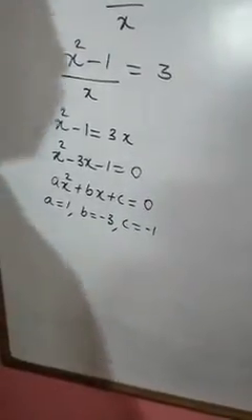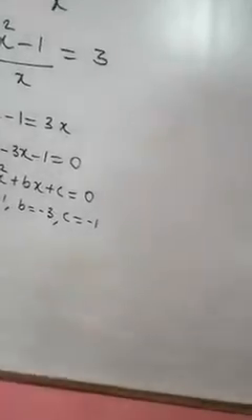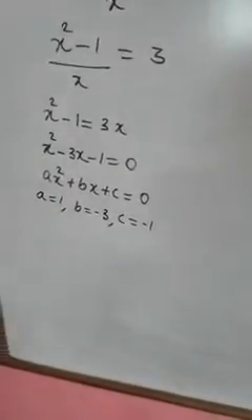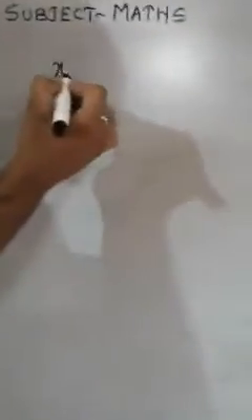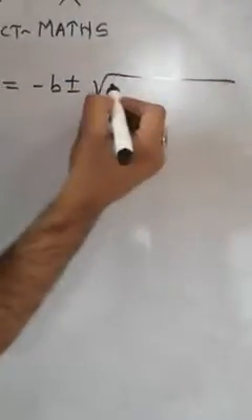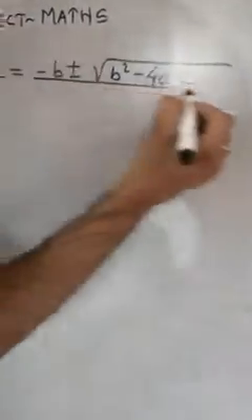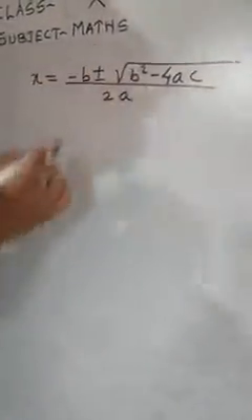Now I have the values of a, b, c, so we can apply the quadratic formula. The quadratic formula says x is equal to minus b plus minus square root of b square minus 4ac upon 2a. This is the quadratic formula.